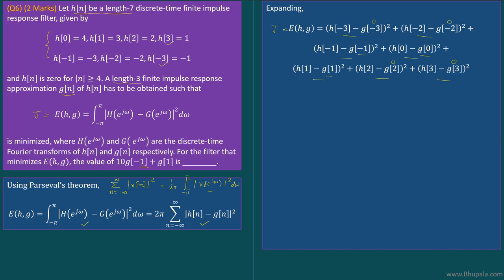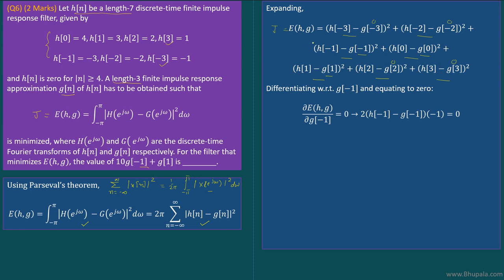So how do we minimize this cost function? We differentiate it with respect to the unknown variable. The first unknown variable for us is g of minus 1. If you differentiate with respect to g of minus 1, all other terms are zero because they do not contain g of minus 1.